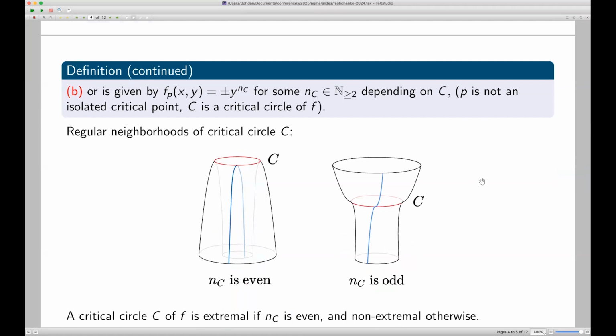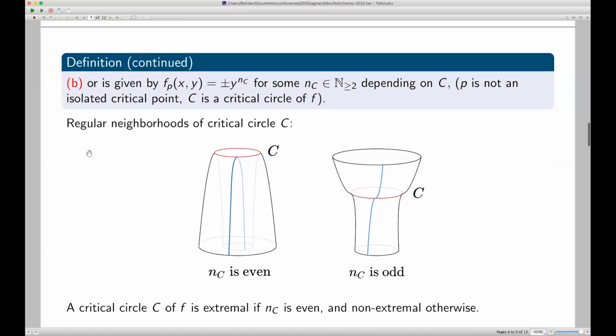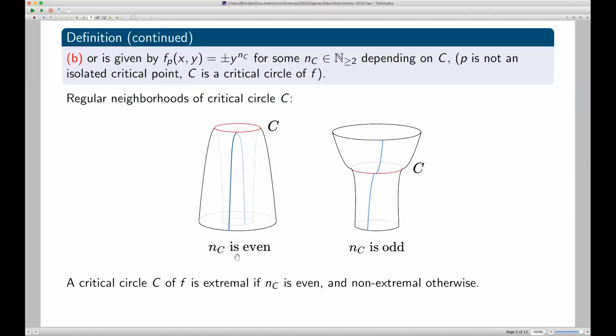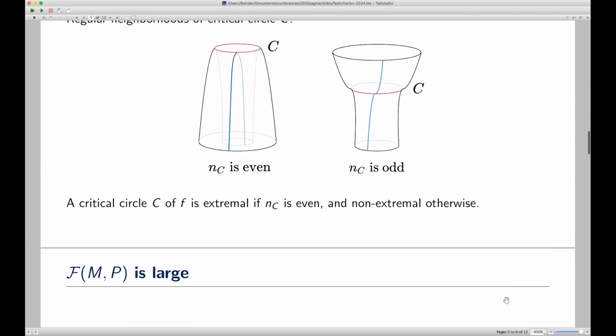And in this picture, you see the regular neighborhoods of a critical cycle on an oriented surface when n is even and n is odd. And a critical cycle C is extremal if this number is even and non-extremal otherwise.